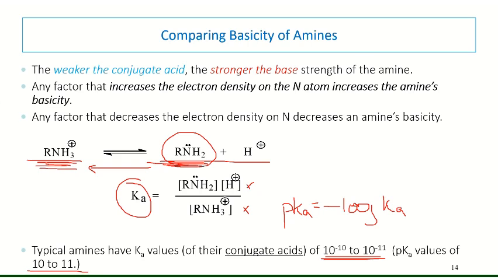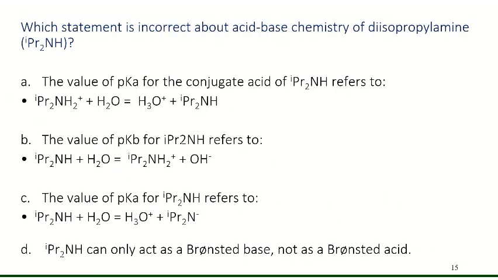The weaker the conjugate base, the weaker the conjugate acid, the stronger the base. Look at this problem and try to tackle this, and we'll look it over in class tomorrow. So I'll put this on pause.